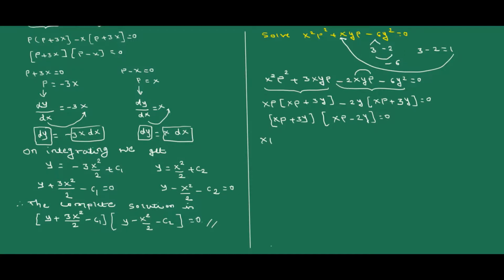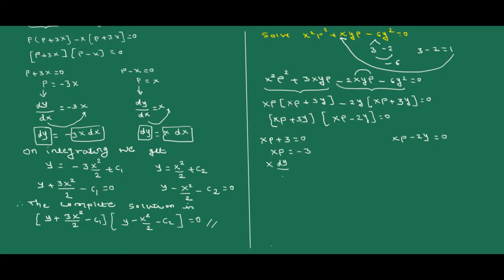Now we can also write it as xp plus 3 is equal to 0, or xp minus 2y is equal to 0. So here xp is equal to minus 3, and then substitute the value p is equal to dy by dx.